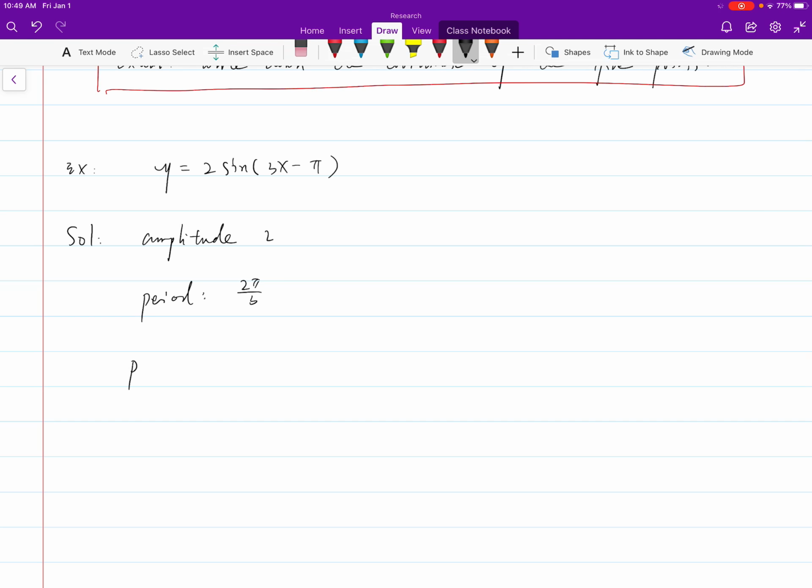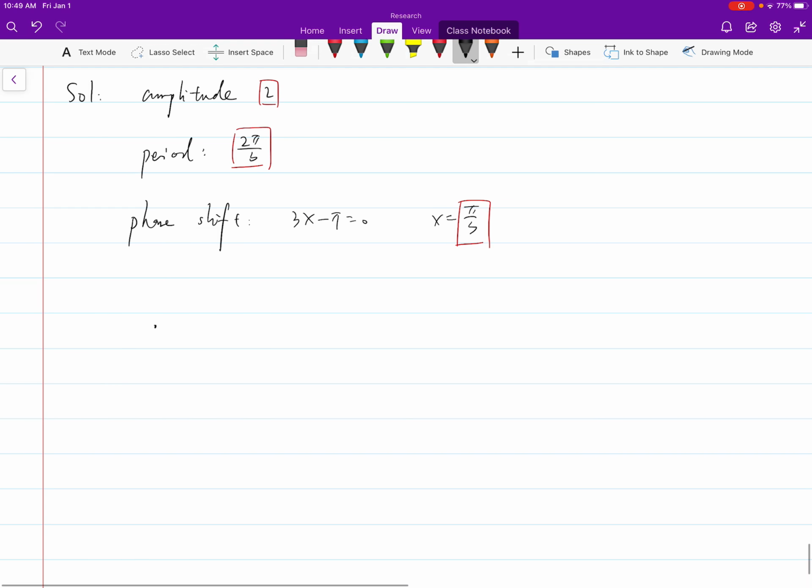Period, 2 pi over 3. Phase shift: 3x minus pi equals 0, x equals pi over 3. Okay.